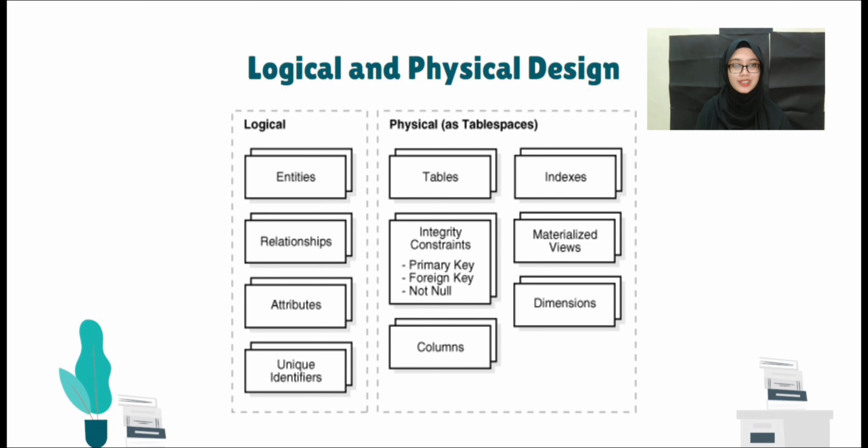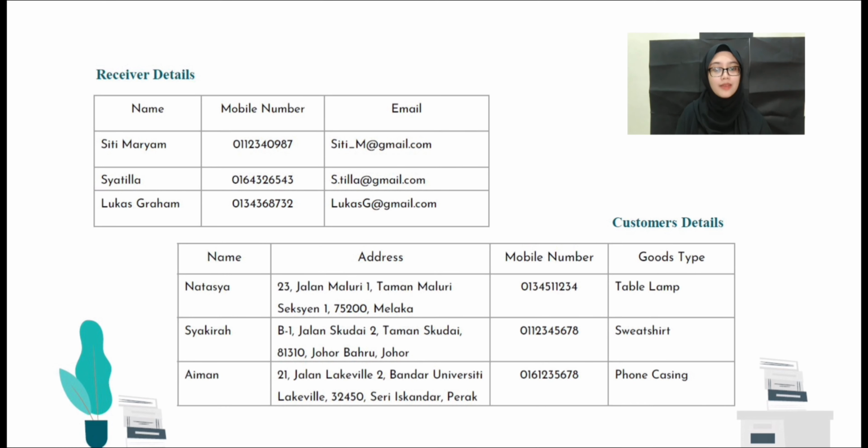As for physical design, the components that need to be in are tables, indexes, columns, materialized views, dimensions, and integrity constraints, which are primary key, foreign key, and not null. And below are the examples of physical design, which are the customer details and receiver details.